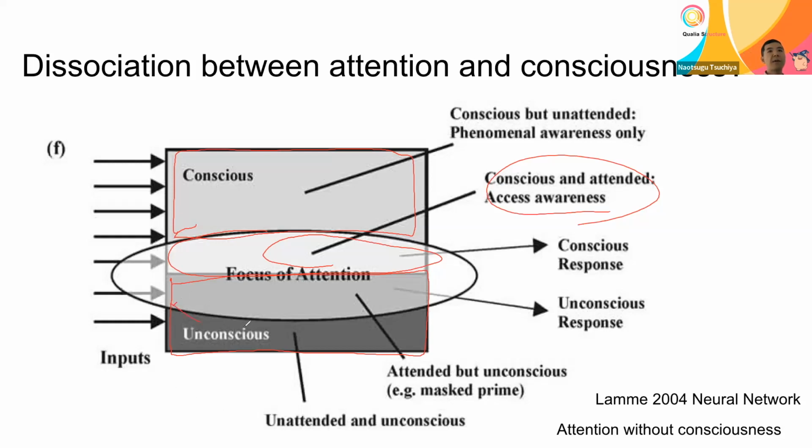But some aspects of this unconscious processing can actually be enhanced by attention, and that may be required to get the benefit of the processing without really getting into consciousness. So that's one possible model remaining consistent with this empirical finding.